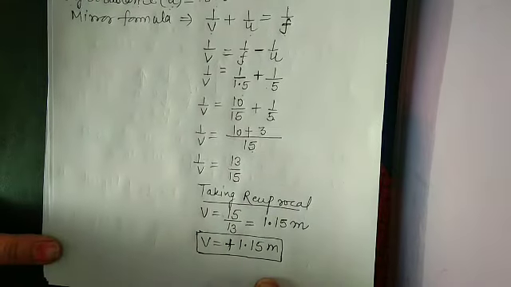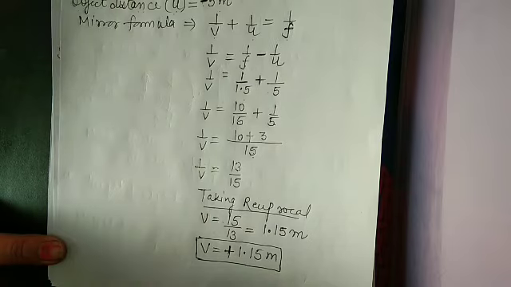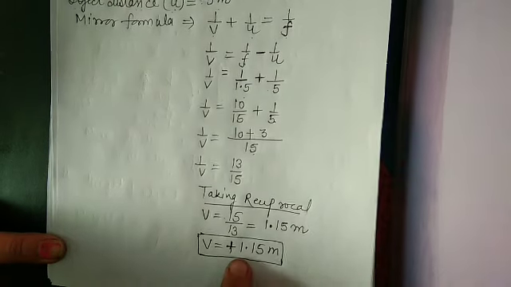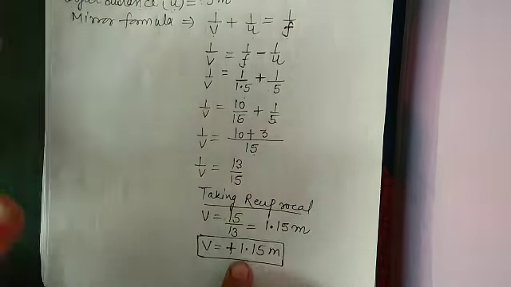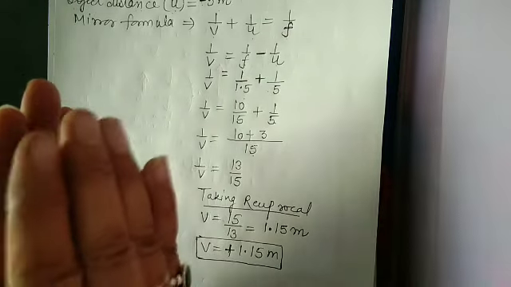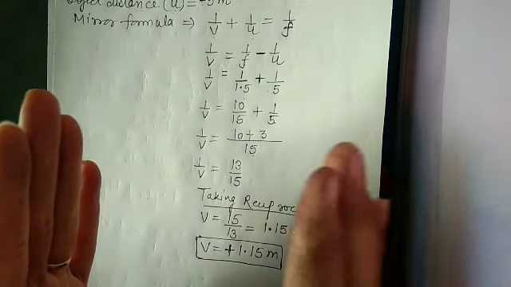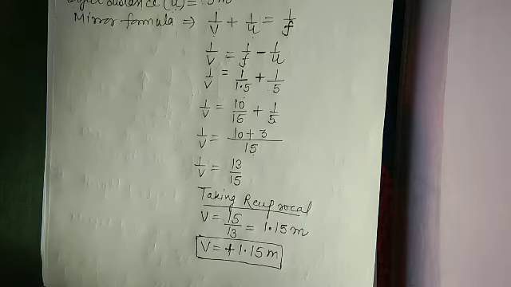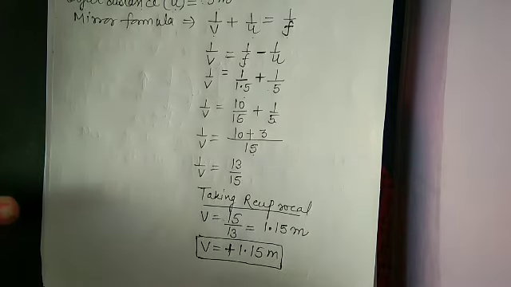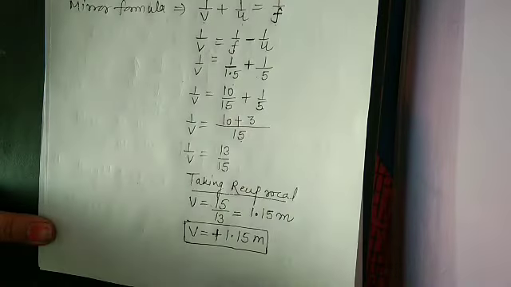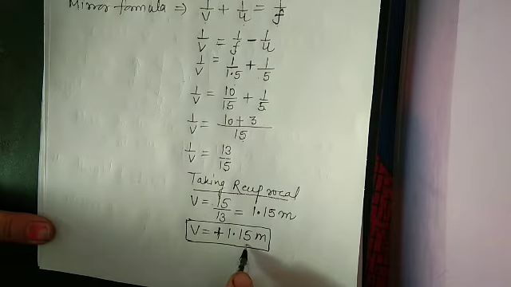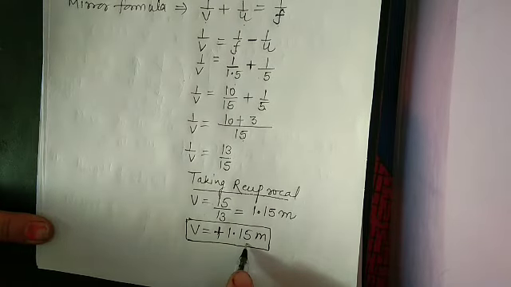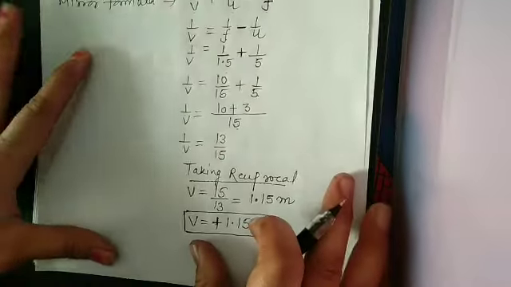Now, what information do you get from v being positive? If v is positive, it means the image is formed towards the right. And if the image is formed towards the right, it means it is a virtual and erect image. So the image formed is virtual and erect at a distance of 1.15 meter. What information do we get up to now?